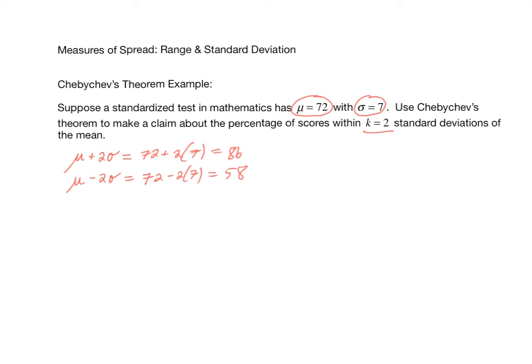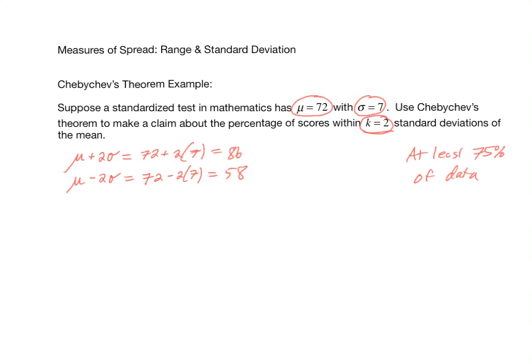Now also, we did this computation when k is equal to 2, and if you can recall in the previous slide, Chebyshev's theorem says there's at least 75% of the data within 2 standard deviations. So what this translates to with respect to this scenario where you're talking about a standardized test in mathematics, this means that at least 75% of the test takers scored between 58 and 86.